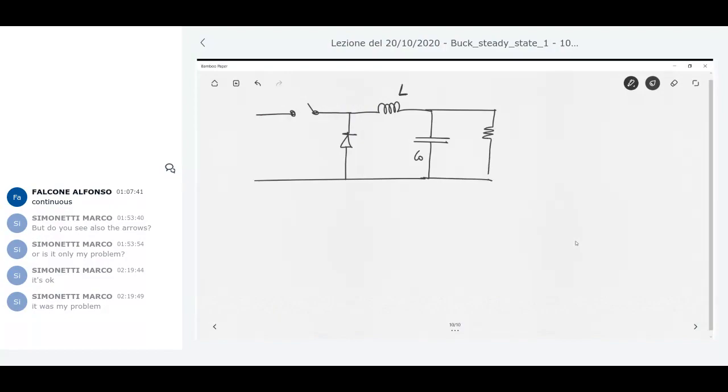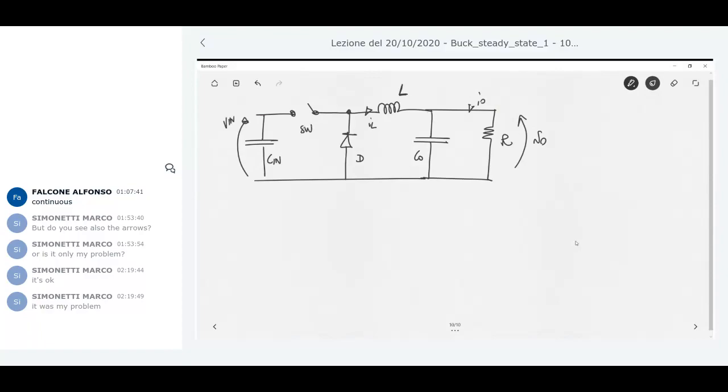This is R, the load, V naught, I naught. The current flowing in the inductor is IL, this is D. I have C in and I have V in. Okay, this is my switch.